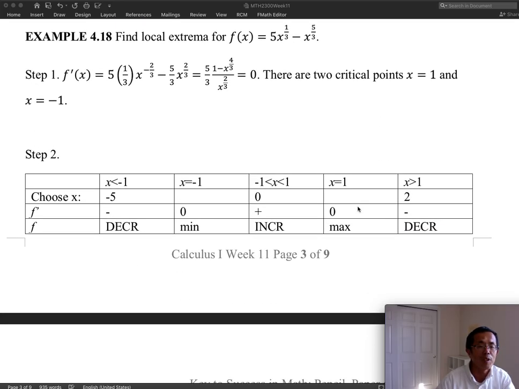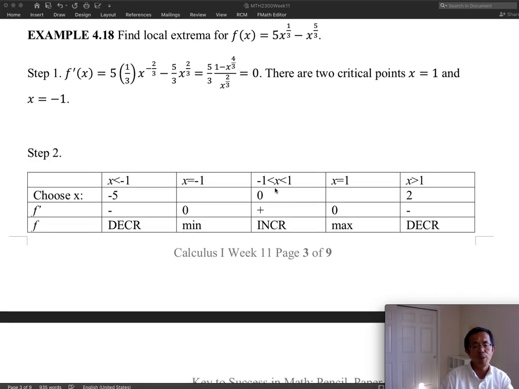Remember, using critical points, we could construct a table. When you plot those 2 critical points on a single real number line, they separate the line into 3 parts: the line segment in between, the line segment to the left, and the line segment to the right.